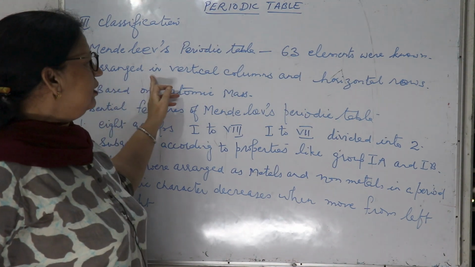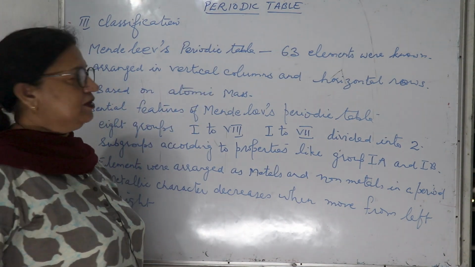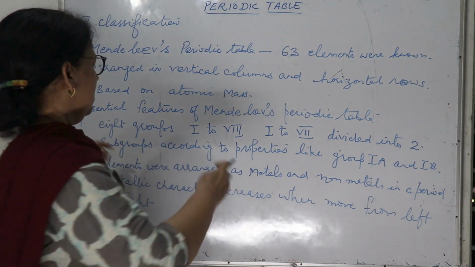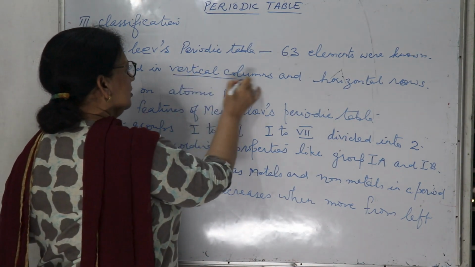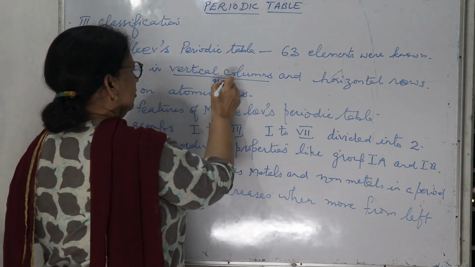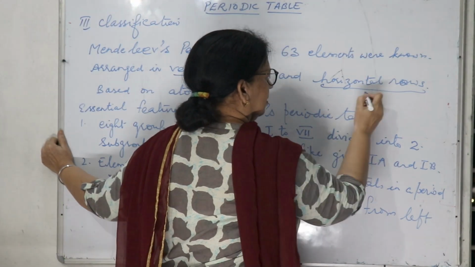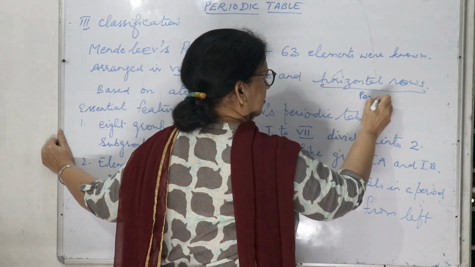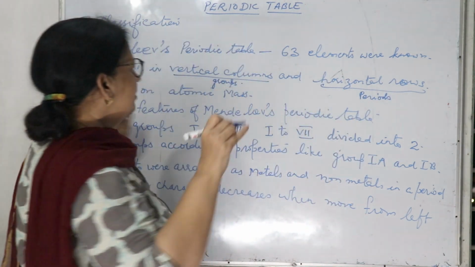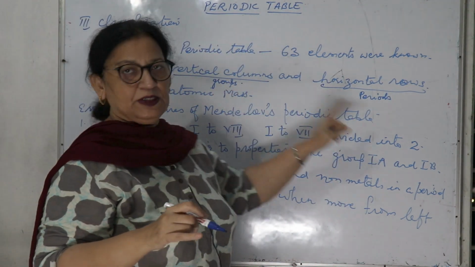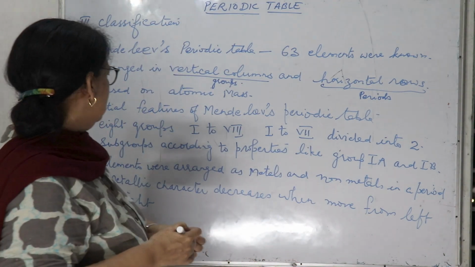He arranged all the elements in vertical columns and horizontal rows. These vertical columns are called groups, and horizontal rows are called periods. So he made the table into groups and periods.